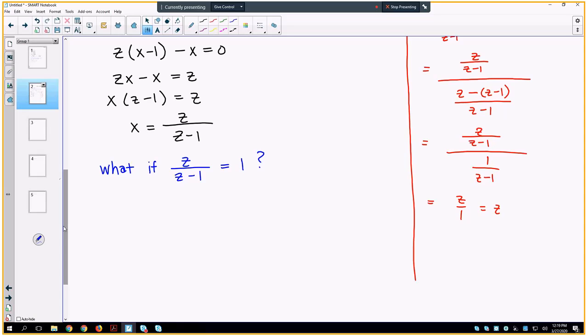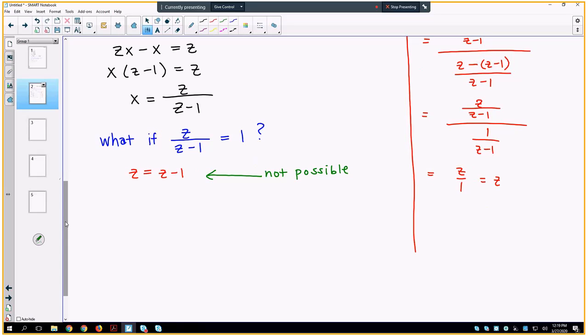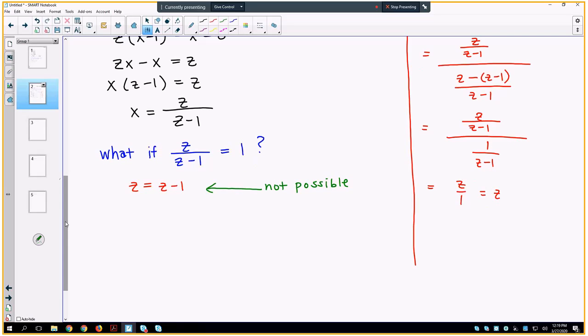Well, in that case, I would have z equal to z minus 1, just multiplying z minus 1 on both sides. And that can't happen. So that's a good thing. So now I know that z over z minus 1 cannot be equal to 1.